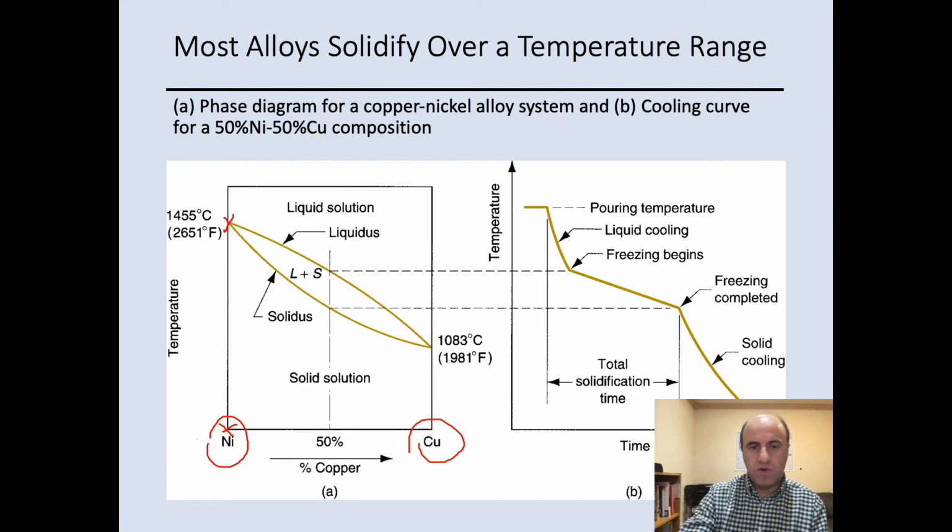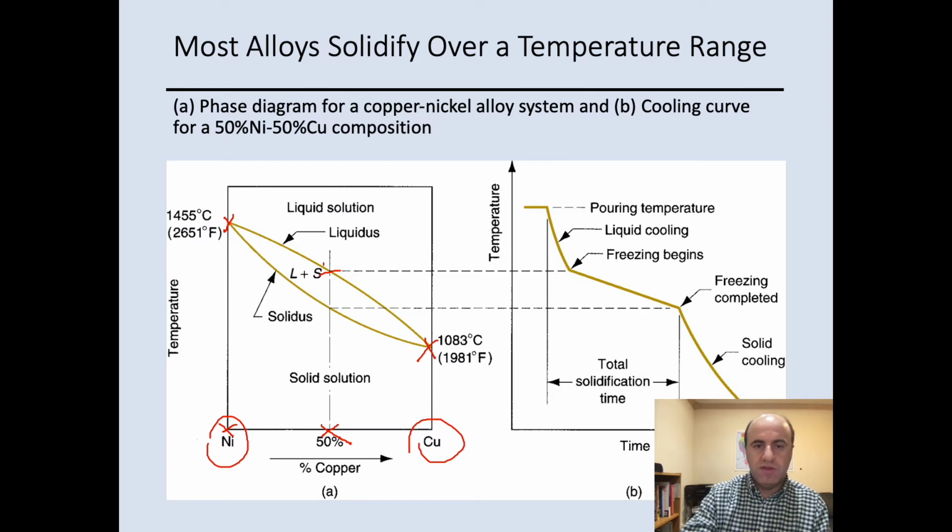The same thing for copper. The temperature for solidification or melting of copper is 1083 degrees Celsius. But if you have 50% copper with 50% nickel, the solidification is not a flat line.